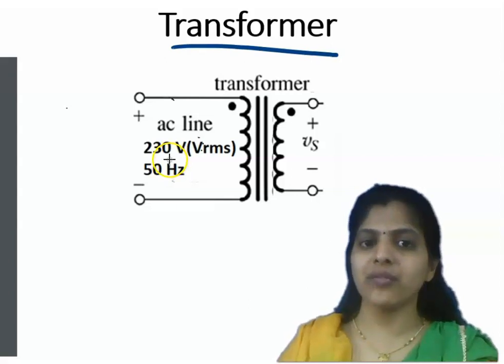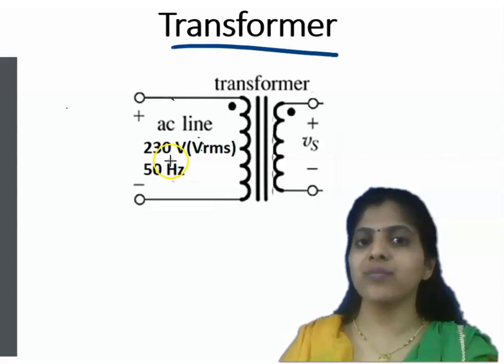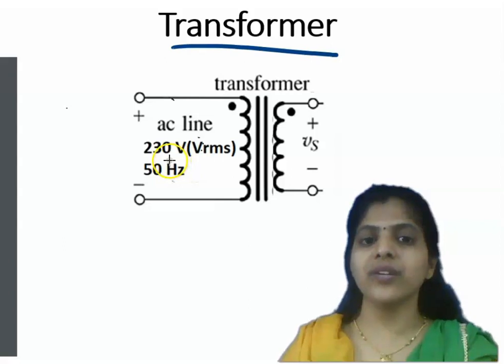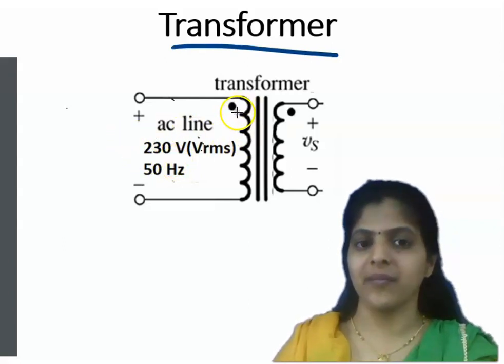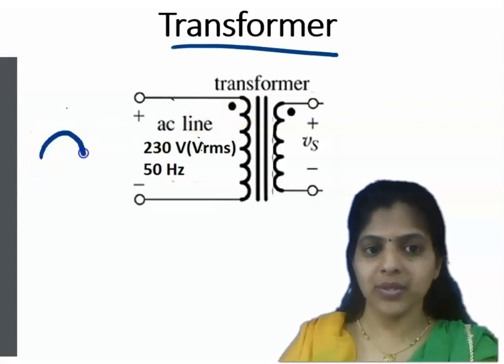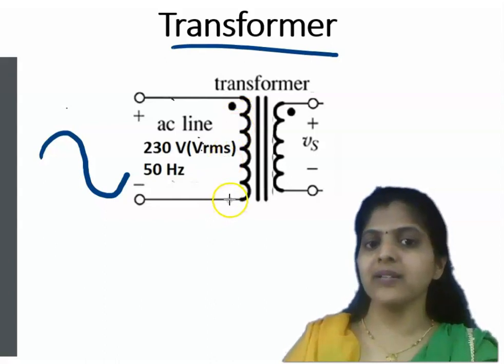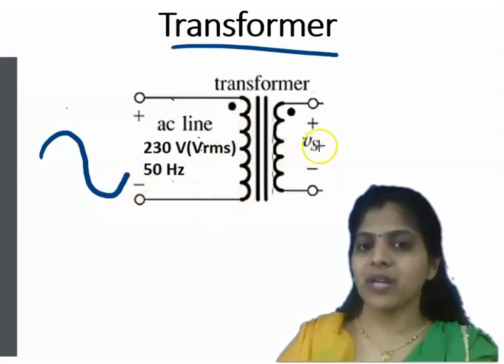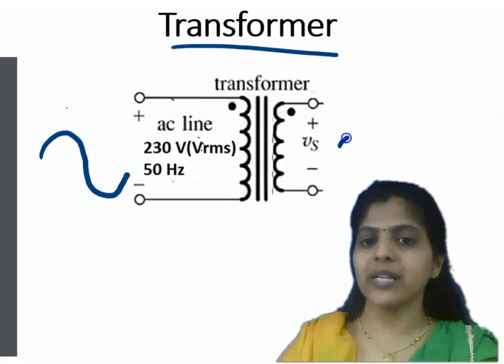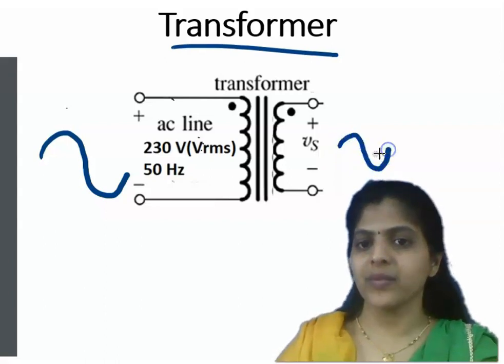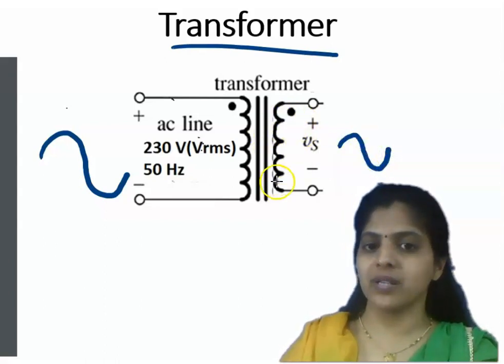That's why we need to convert this AC voltage into a small DC voltage. So the very first step is to use a step down transformer. So this is the input signal at the primary winding side. After the step down transformer, the output you will get is a small AC voltage depending on the number of turns.